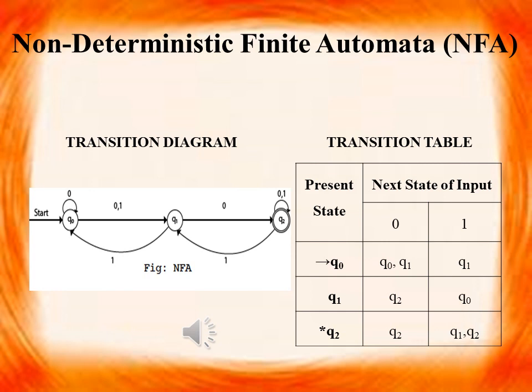So we need to represent Q2 in both the places, 0 as well as 1, and Q2 gives the input value 1 to Q1 also. So we need to write Q2 comma 1 in the place Q1 comma Q2. In the 0 position, Q2 alone we need to write.